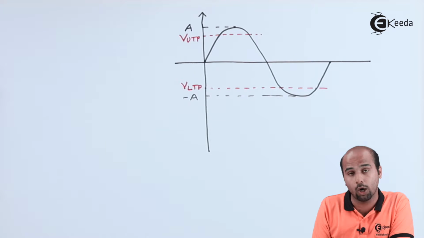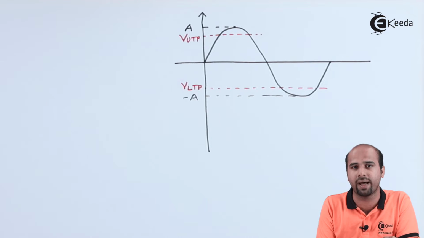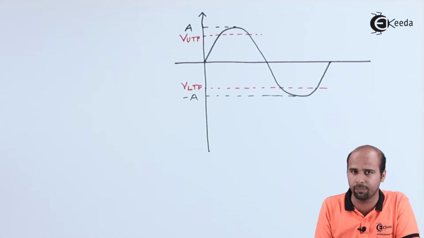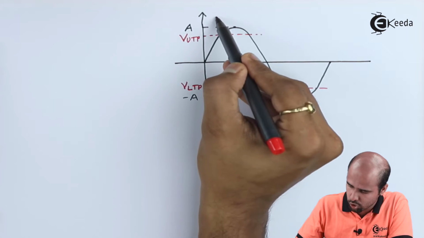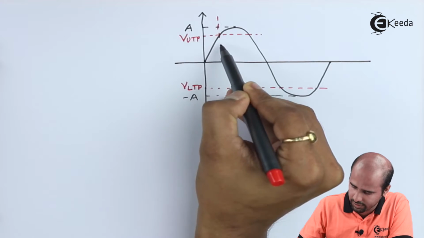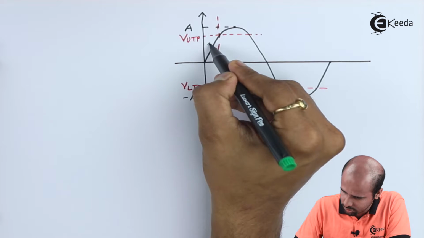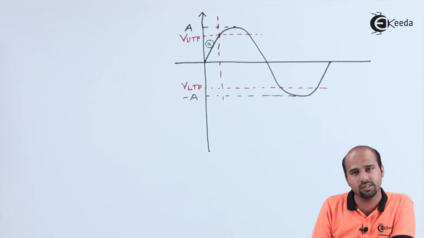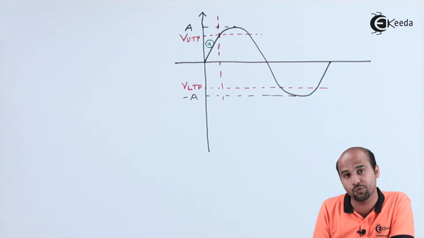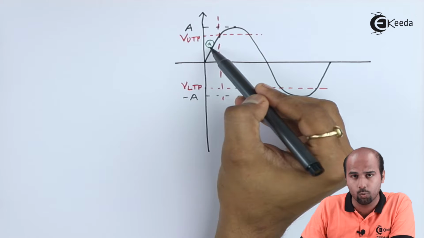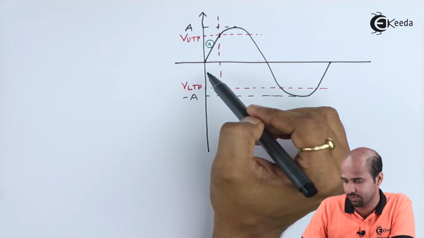We will draw the output voltage in accordance with the comparison of VF and V1. We will slice this complete region into so many parts. First of all, we will take this region, and let's name it region A. In region A, what is the change in the difference voltage that I am looking for?